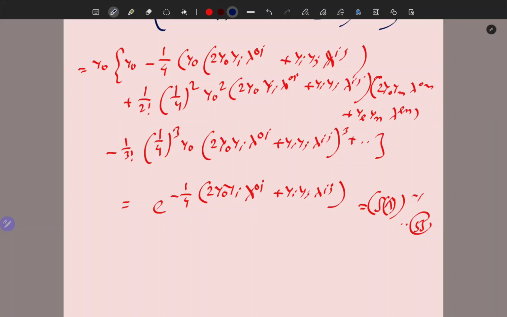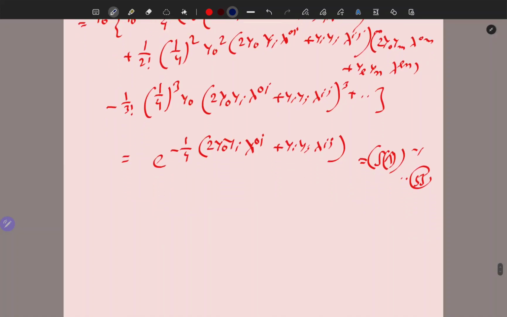An immediate consequence of equation number 51 is to show that the Dirac current J mu equals psi tilde gamma mu psi transforms like a 4-vector under Lorentz transformation.